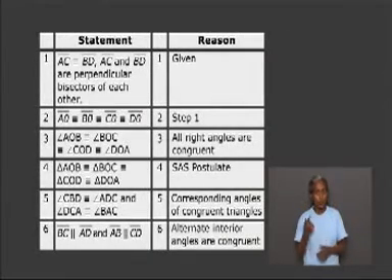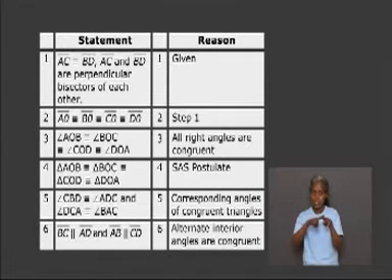We will label the point of intersection O in order to help us. Since we know that AC and BD are bisectors, we know that AO, BO, CO, and DO are all congruent.